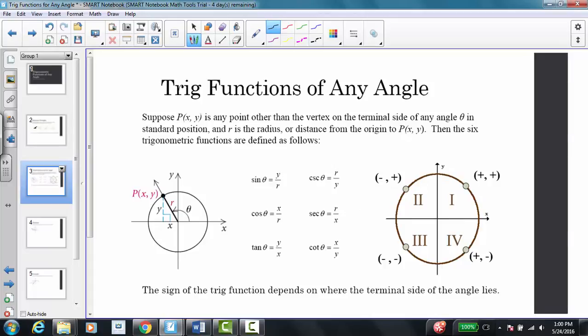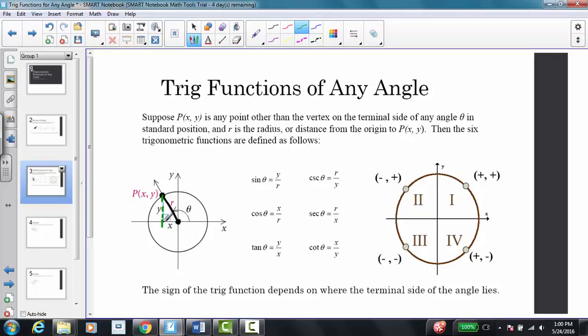So we have this point right here, point P, which is a point on the terminal side of any angle theta in standard position. R is going to be our radius, or the distance from the origin to our point. Then the 6 trigonometric functions are defined as follows. If we look at the picture over here, I've dropped that perpendicular line to the x-axis.